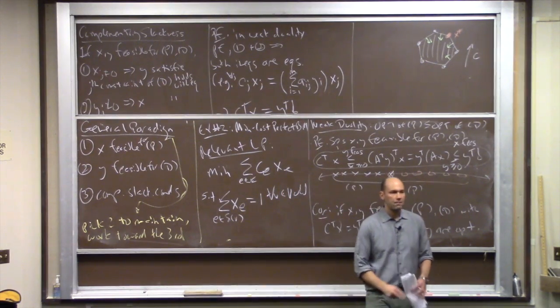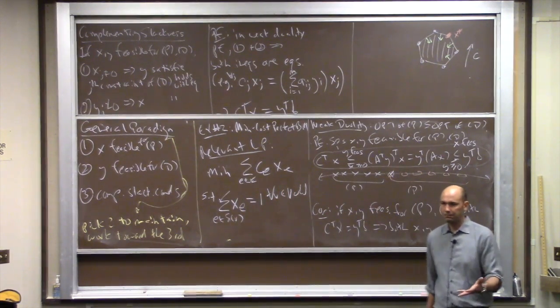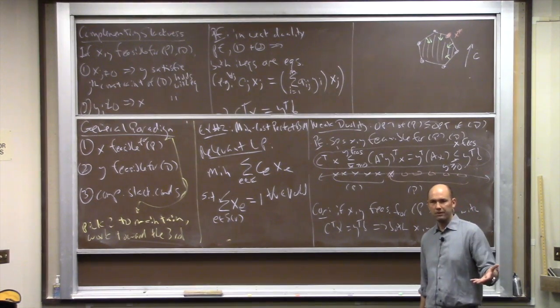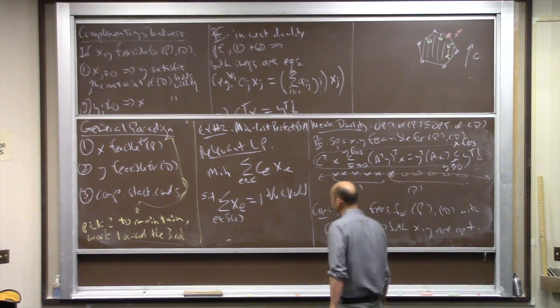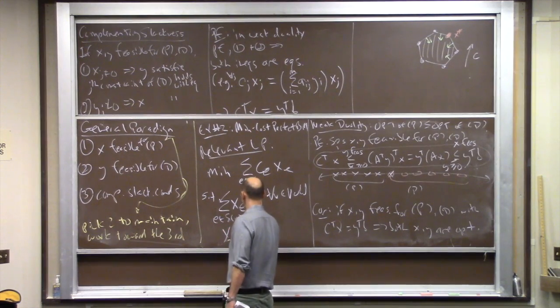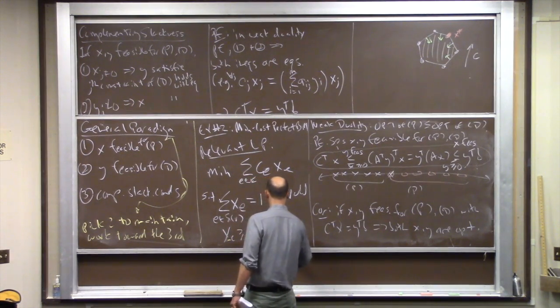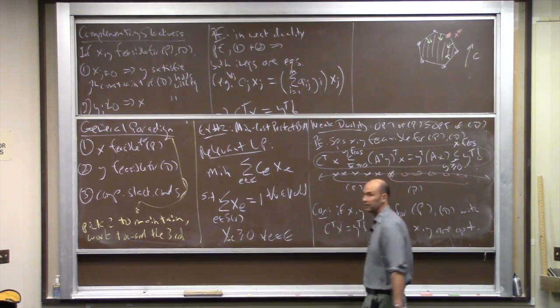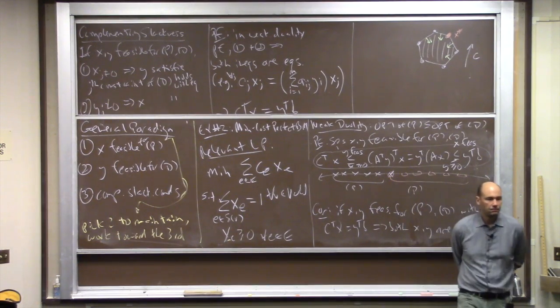At most 1, because it needs to be a matching. At least 1, because it's supposed to be perfect. And of course, non-negativity.